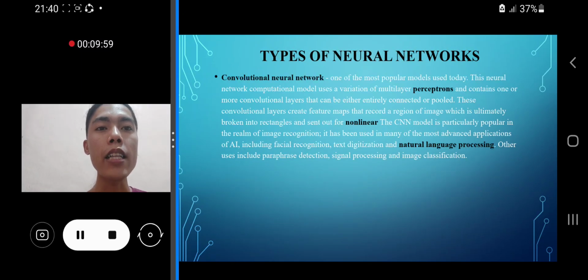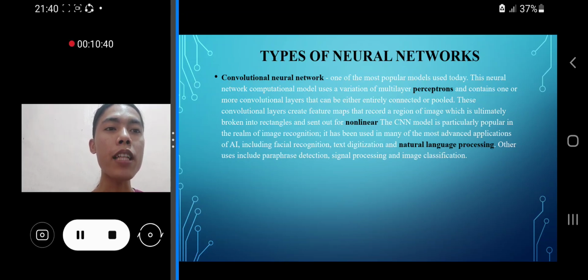And the next is the convolutional neural network, one of the most popular models used today. This neural network computational model uses a variation of multi-layer perceptrons and contains one or more convolutional layers that can be either entirely connected or pooled. These convolutional layers create feature maps that record a region of the image, which is ultimately broken into rectangles and sent out for nonlinear processing.